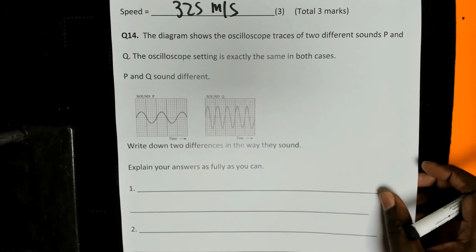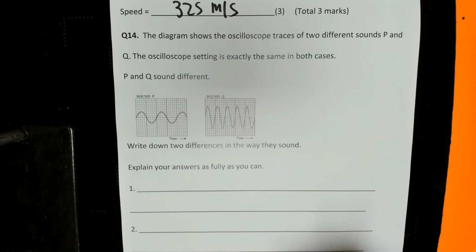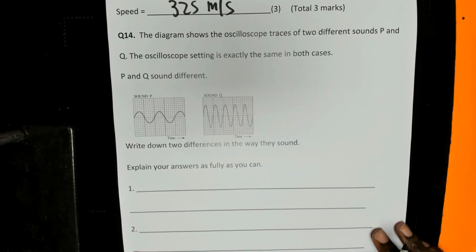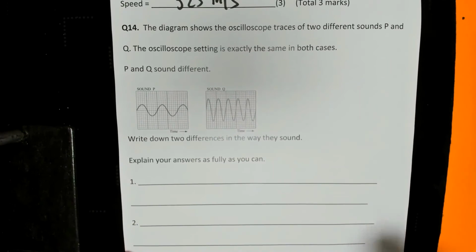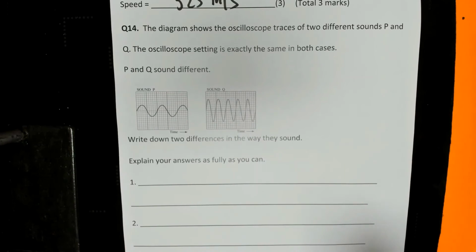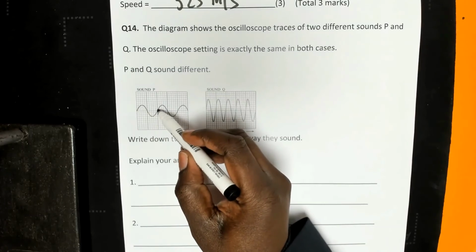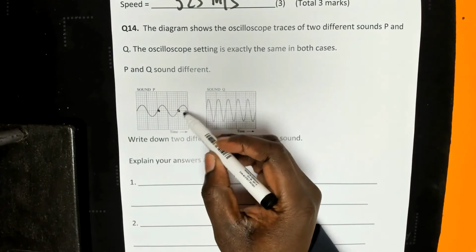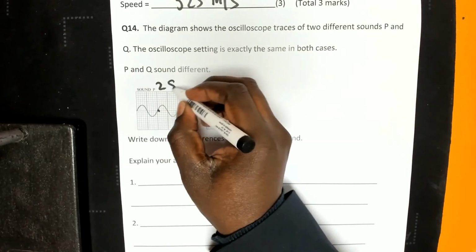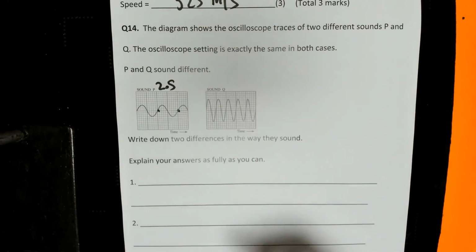Now let us move to the next question. This question is asking us to look at the diagram that shows the oscilloscope trace of two different sounds, P and Q. The oscilloscope setting is exactly the same in both cases, so P and Q sound different. Now, what you would realize is that we have one wave, there's 2.5 in terms of complete cycles.